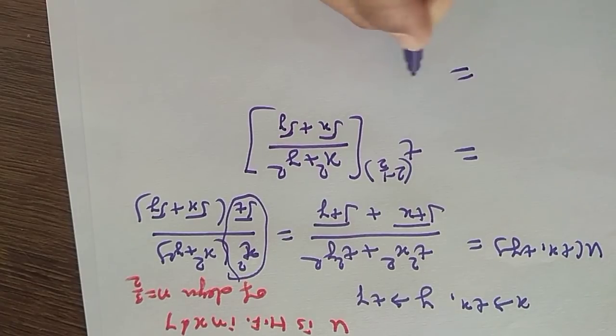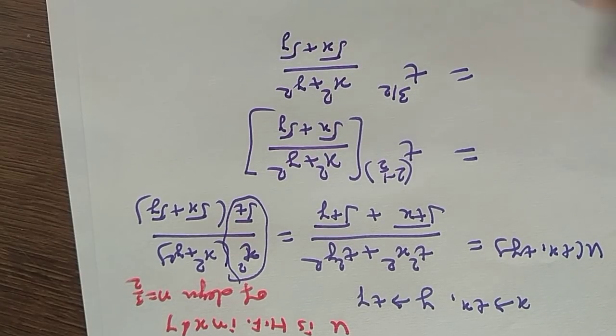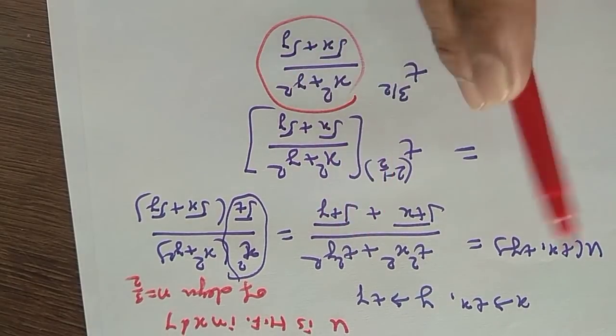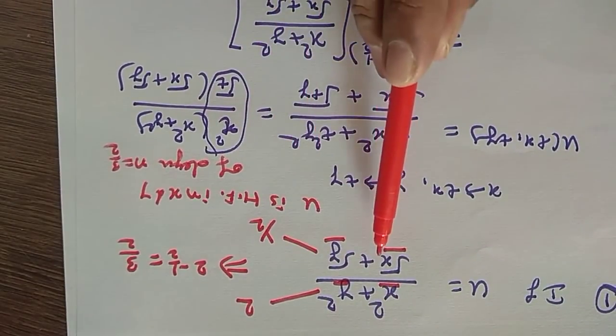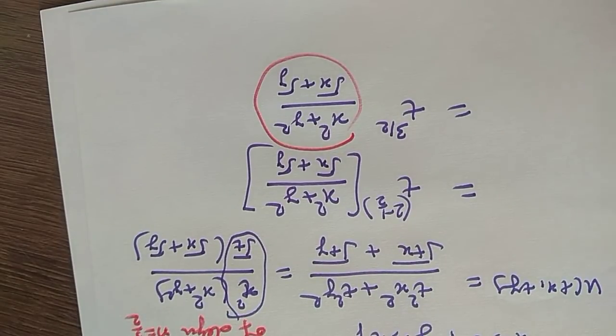This is equal to t raised to power 3 by 2 into (x square plus y square) divided by (root x plus root y). This term is nothing but our u, this given function u. Therefore I will write this as t raised to power 3 by 2 into u, where u is a function of x.